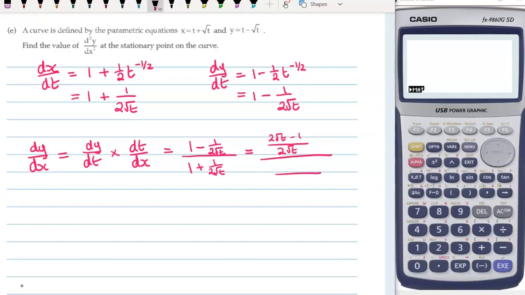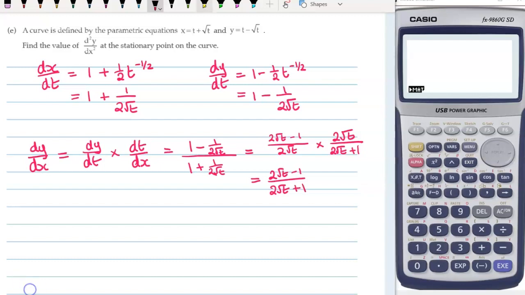And the bottom, again, let's put it over a common denominator of 2 root t, would be 2 root t plus 1, which is the same as if I was to divide by that fraction, it's the same as if I times by its reciprocal. So just what was on the bottom I'm now bringing up here. So then the 2 root t's cancel, and we get 2 root t minus 1 over 2 root t plus 1.